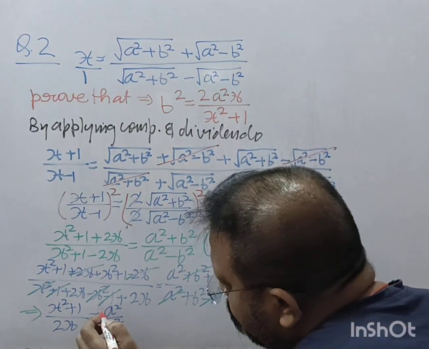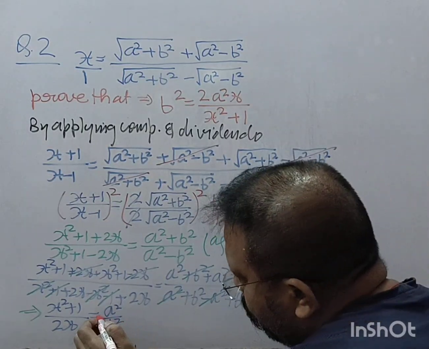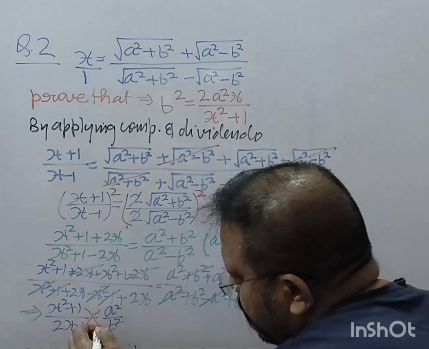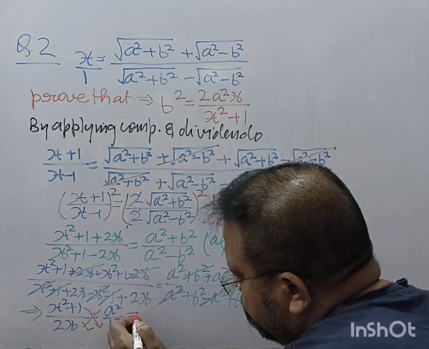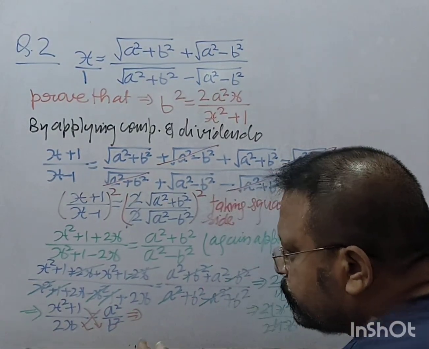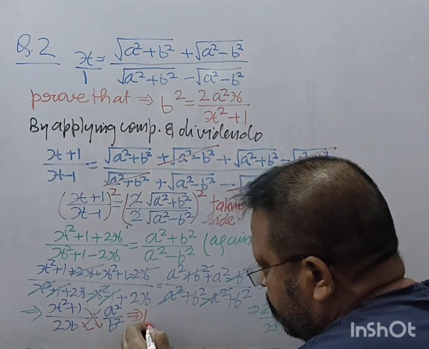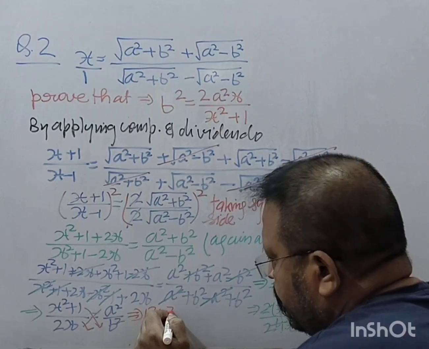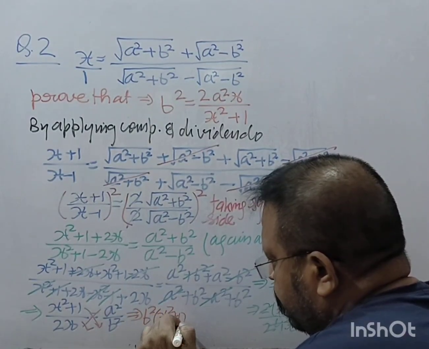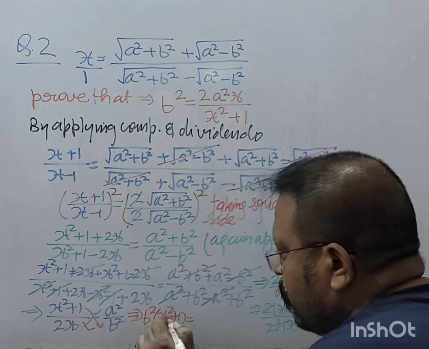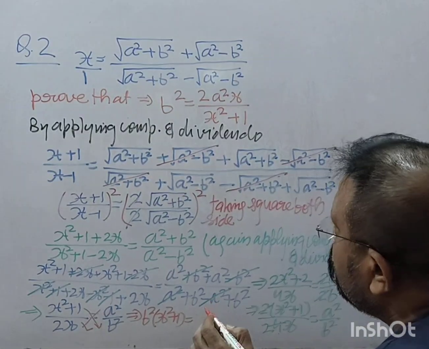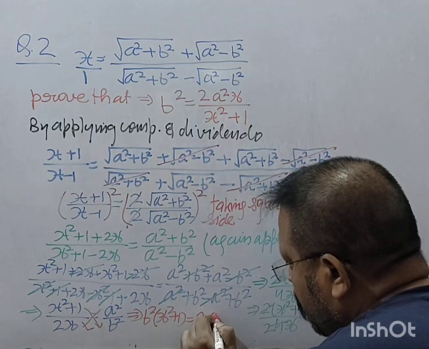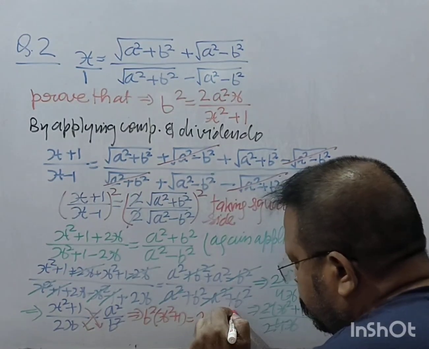Right? Now you cross multiply. When we cross multiply, we multiply it with this and we multiply it with this. So we will get b square bracket x square plus 1 is equal to 2a square x.